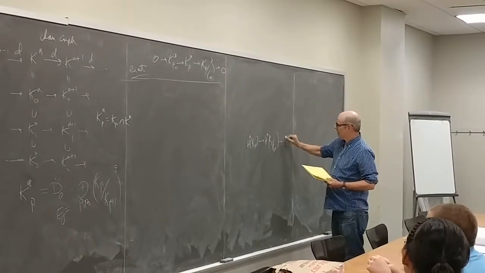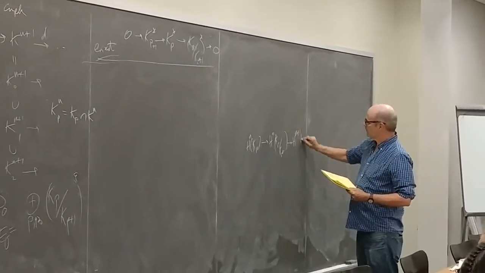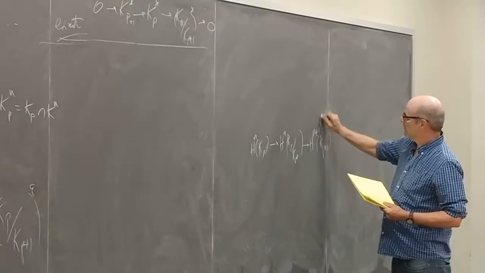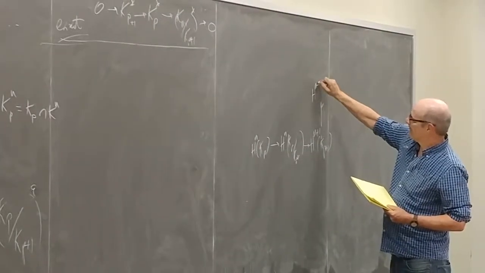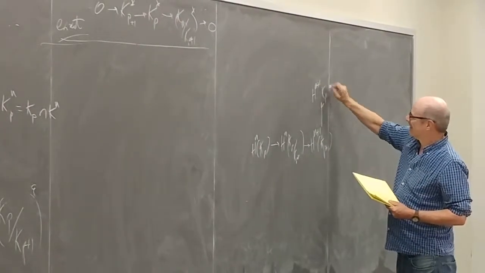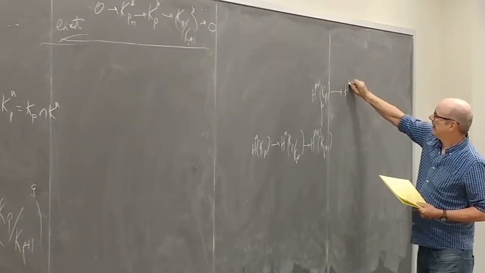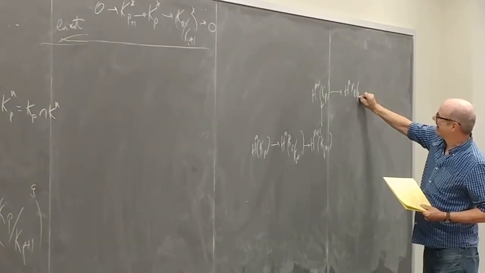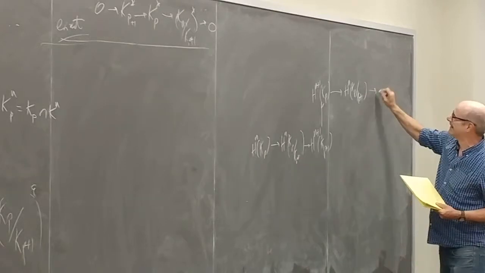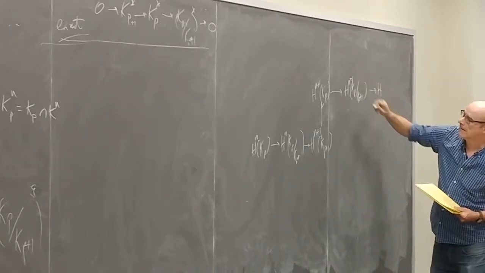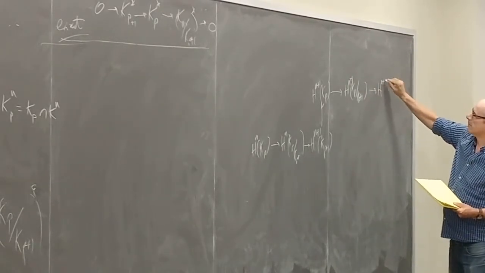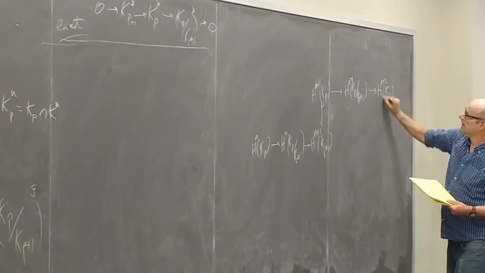And then this is going to boundary around to H^(n+1) of K^(P+1). And then I have H^(n+1) of K^P, H^(n+1) of K^P mod K^(P+1), H^(n+2) of K^P.